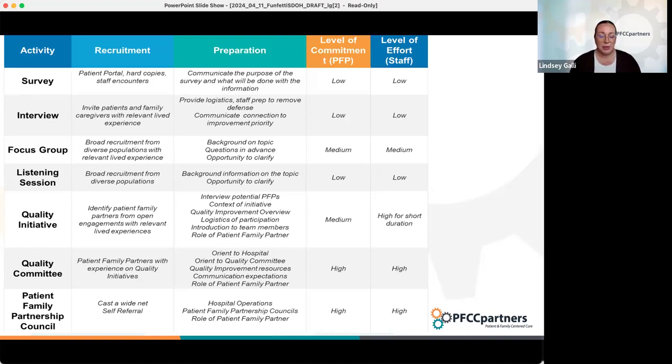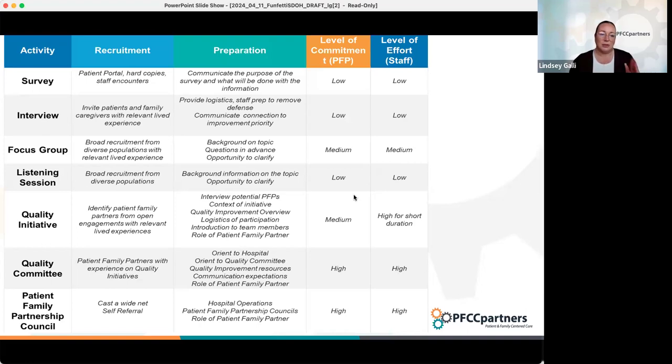And then, of course, patient family advisory councils, patient family partnership councils are a true resource within hospitals and healthcare organizations, that is really hardwired into how those healthcare organizations operate to engage the patient and family perspective.